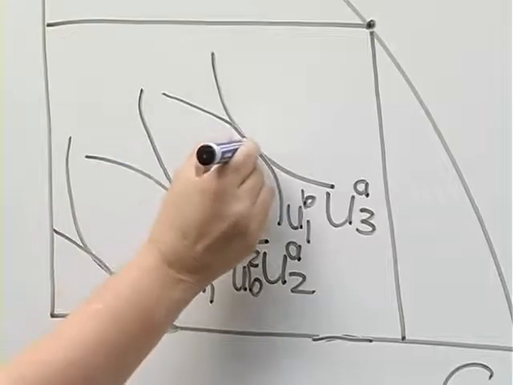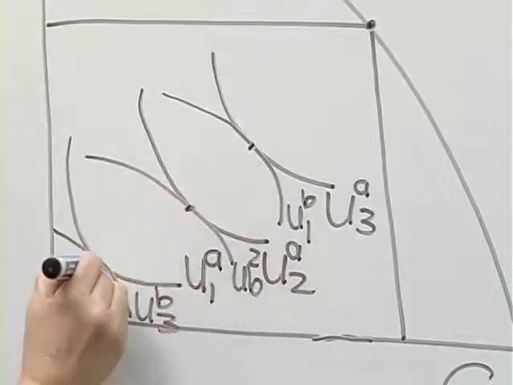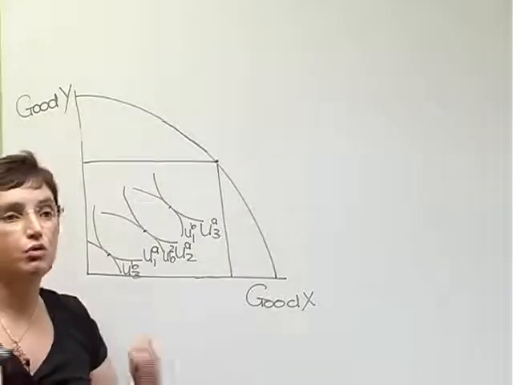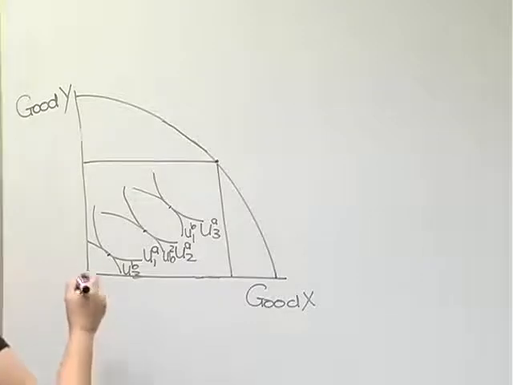Now at the different points, you remember I said they are Pareto optimal because you cannot make one person better off without harming the other person.